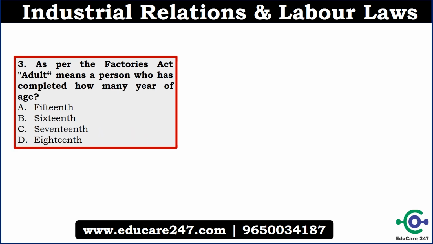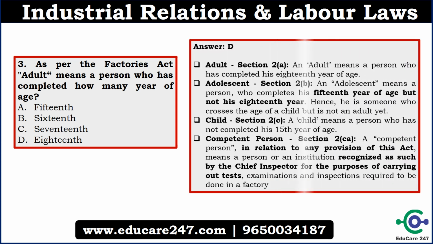The next question is, as per the Factories Act, adult means a person who has completed how many years of age? The answer is D, 18th. Basically, in Factories Act 1948, section 2A says that an adult means a person who has completed his 18th year of age, and for adolescent, section 2B says that an adolescent means a person who has completed his 15th year of age but not his 18th year of age.